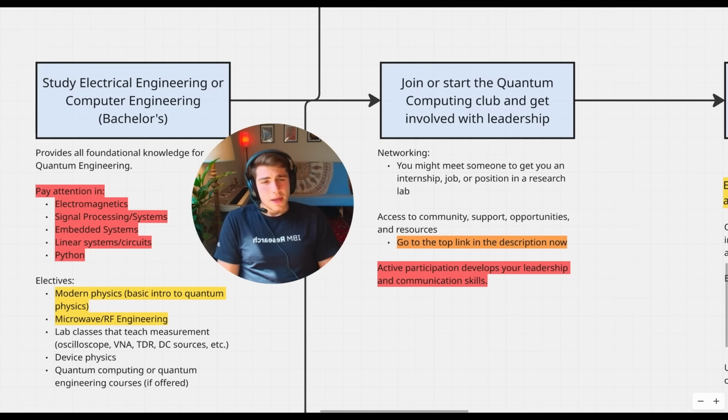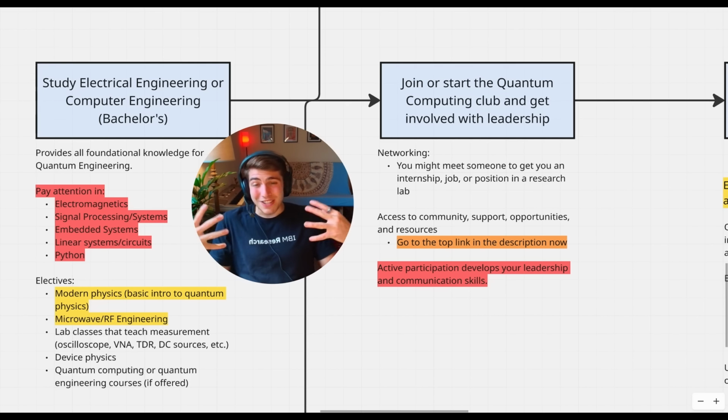In any case, active participation in the club develops your leadership and communication skills. If you are the leader of the quantum computing club, you are going to become, one, an excellent leader. You need to practice leadership if you want to be a good leader. Two, you're going to develop really great communication skills, because you're going to have to get in front of people and talk about quantum computing, or at least facilitate other people talking about it.